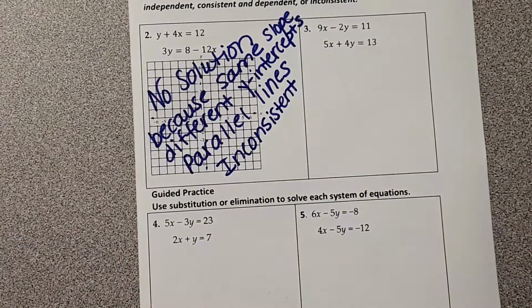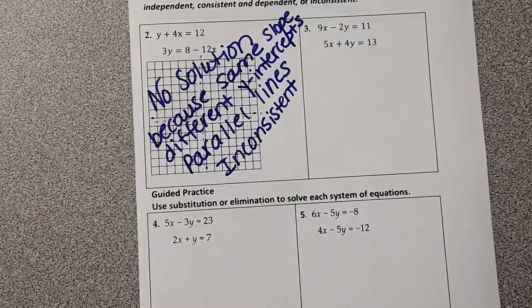We will encounter lines that have the same slope and the same y-intercept. That's going to be different. So you really have to pay attention, and putting them in slope-intercept form is the best way. So on number 3, what are we going to do? Put it in slope-intercept form because that's our favorite to do, right?